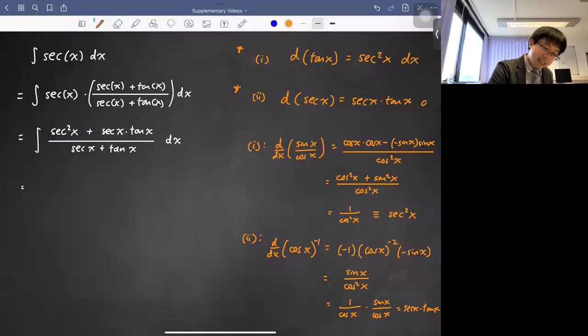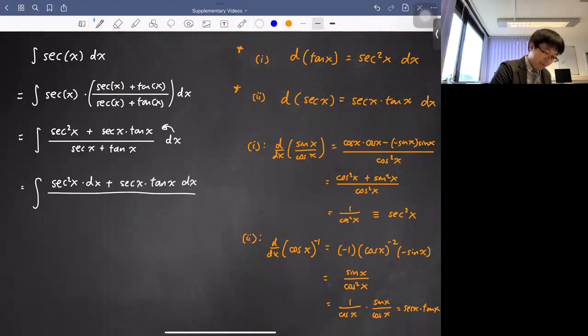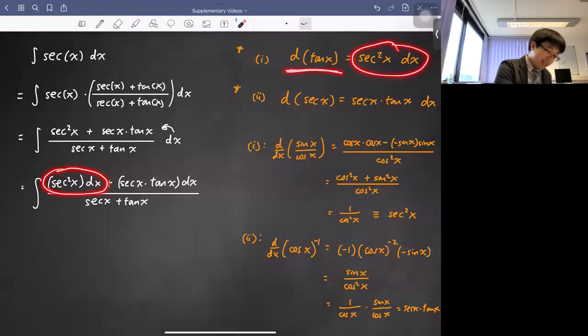Then on top we have secant squared x dx plus secant x tangent x dx. You may not be comfortable seeing this before, but it's fine and makes things easier to recognize. Secant squared x dx matches this completely, so I can replace it with d tangent x.